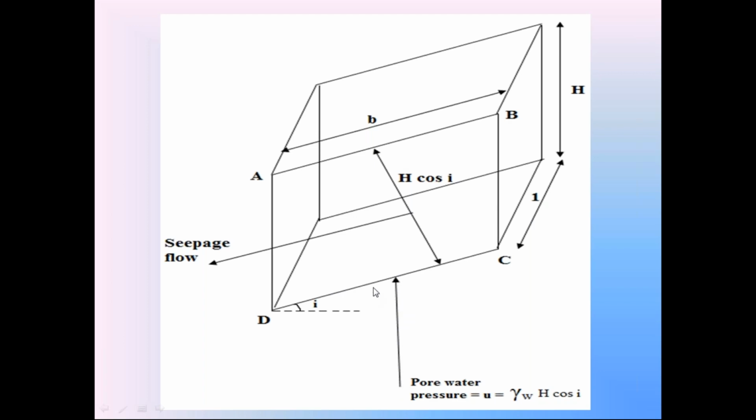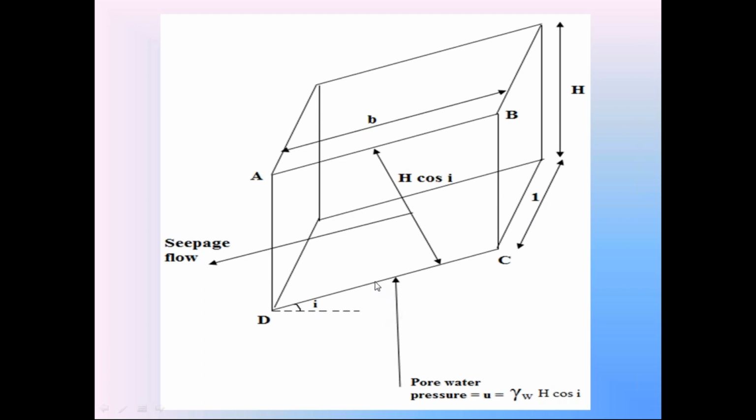With this line CD, the pore water pressure makes the angle 90 minus I. In weight W, I explained that the angle is the same as 90 minus I, because check this diagram here. Here the angle is I, this horizontal line and the pore water pressure, this angle is 90 degrees.